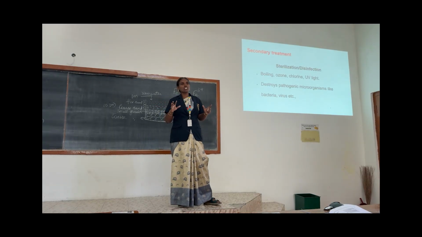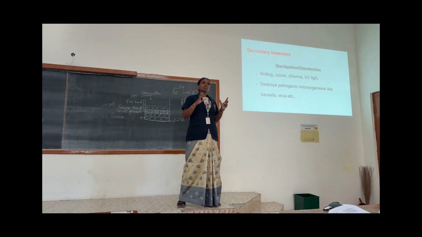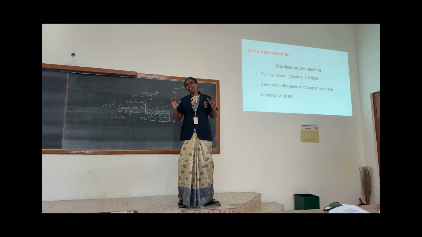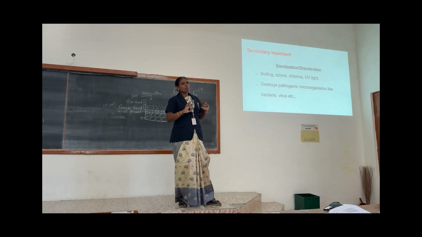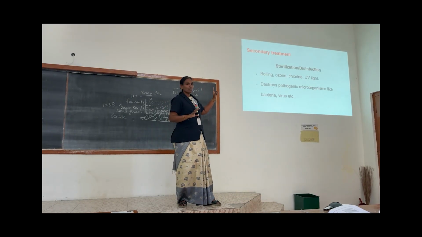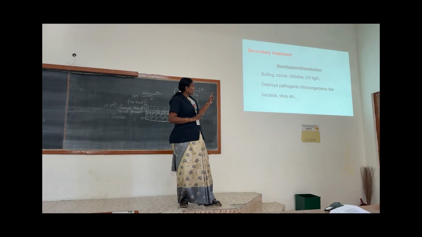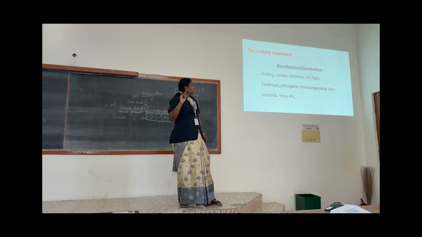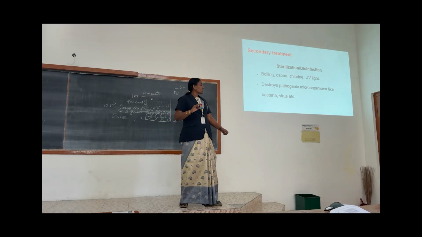Pathogens means harmful microorganisms, for example bacteria, fungi, viruses, everything. That has to be removed, and for that purpose we do sterilization. There are four methods: first boiling, second ozone, next chlorine, next UV light.